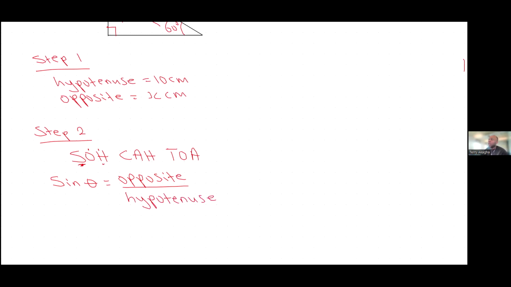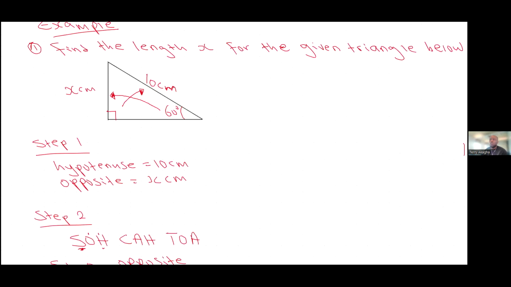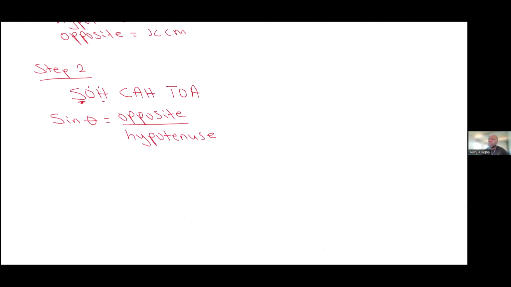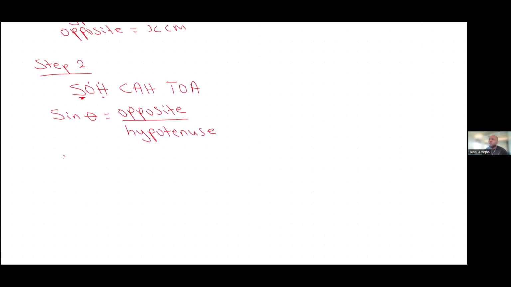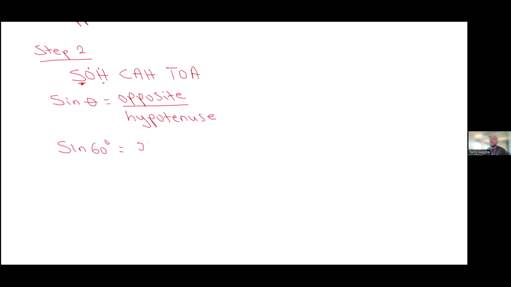So the theta here, the angle we're interested in, was what? 60 degrees, right? So sine 60 degrees is going to be equal to the opposite, which in this question was x centimeter, divided by the hypotenuse, which was 10.